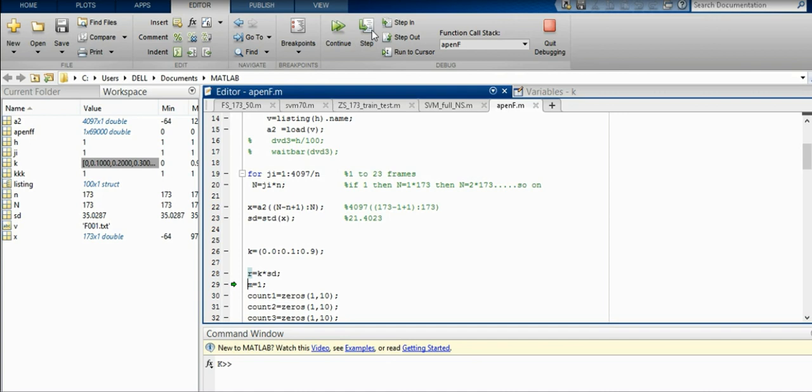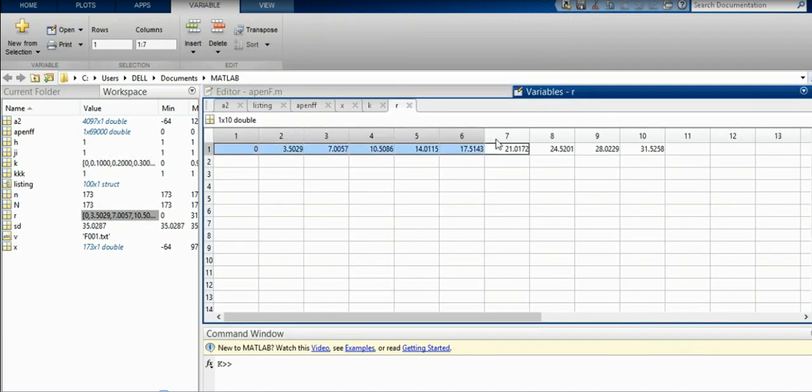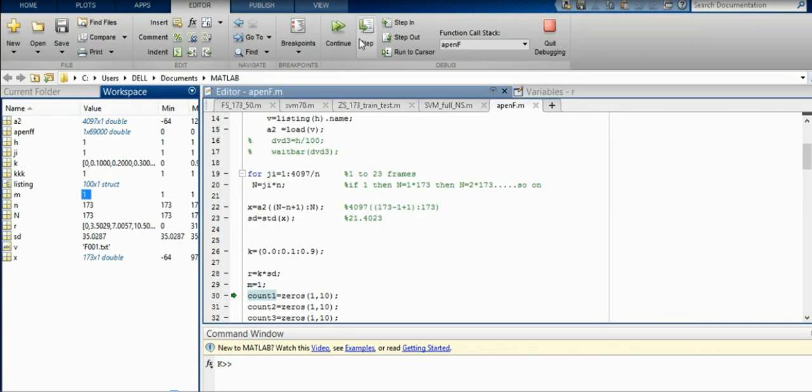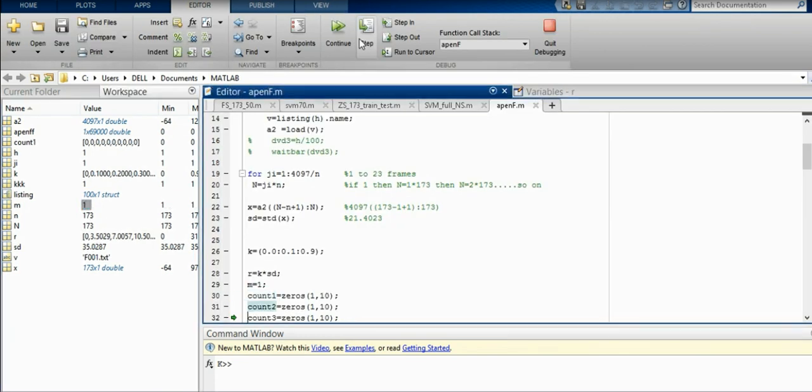Okay, then we take m equal to 1, that means one value is compared with only one value, so that's why we take m equal to 1. Then we call the counters.